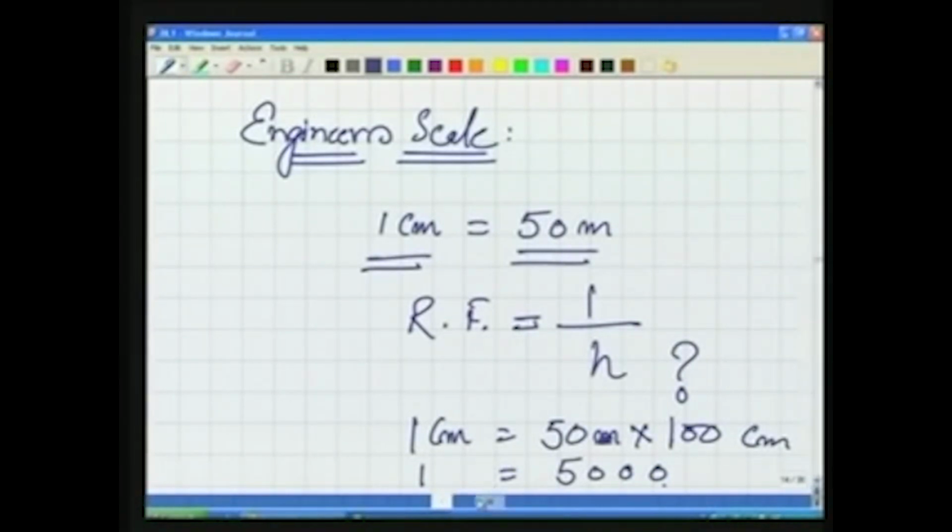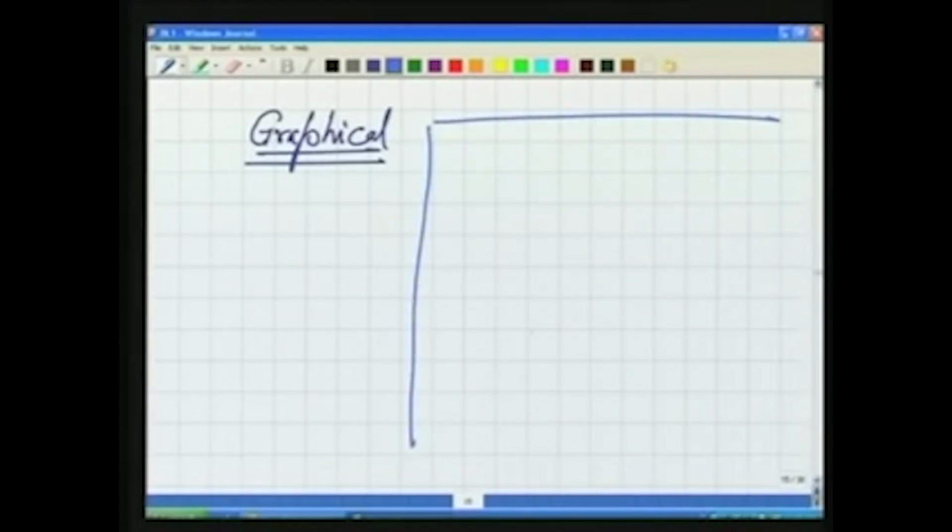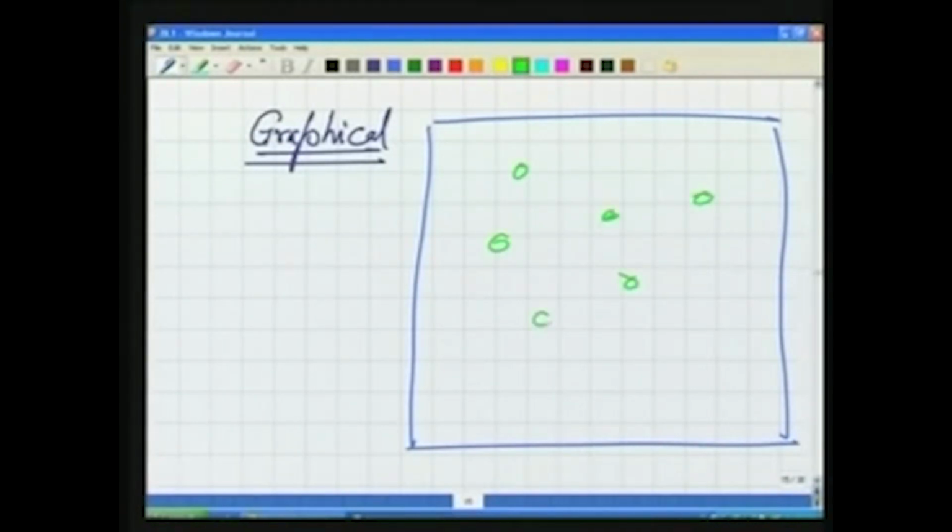There is one more way of writing the scale, that is called the graphical scale. Well, what is the graphical scale? If you are making a map, let us say this is the map, and in this map we have plotted some details. On the map itself, we plot our graphical scale.